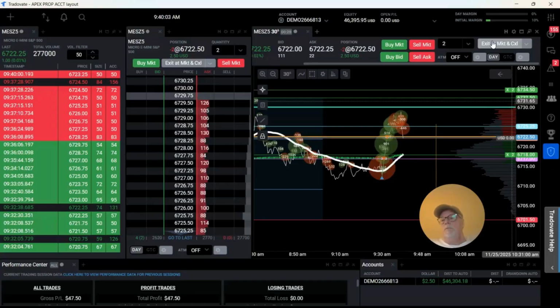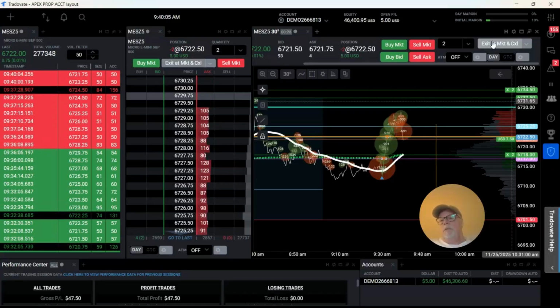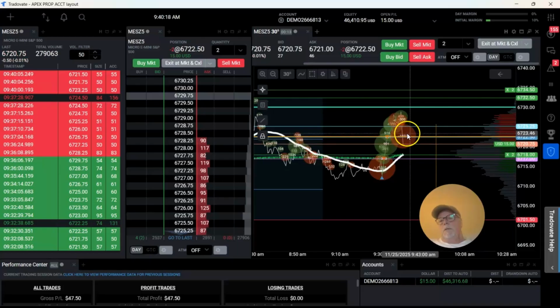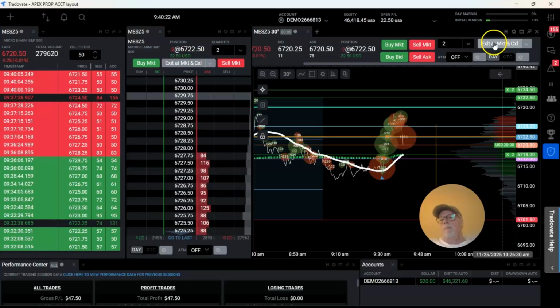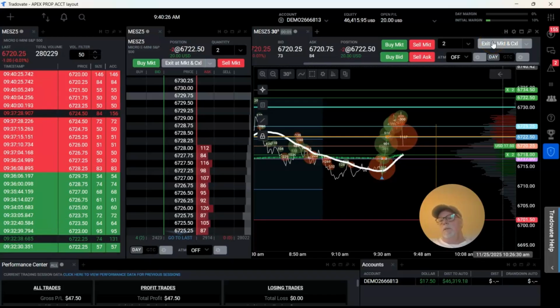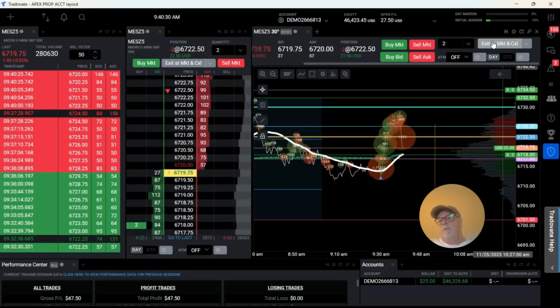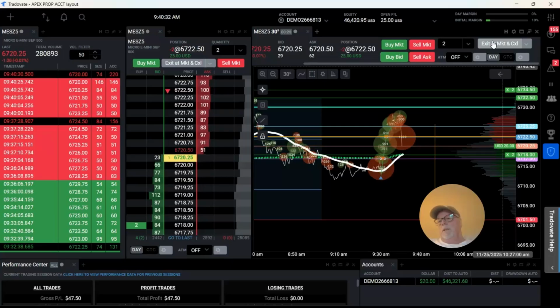There we go. Come on. They're building. See them building. Sellers coming in. Come on. Couple points. Yeah, I think we get out here and take that 25.